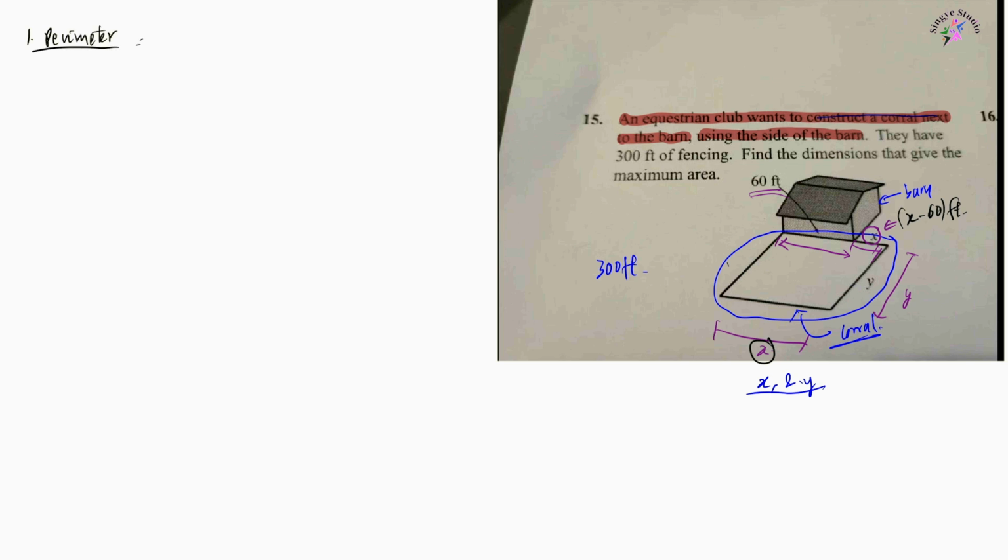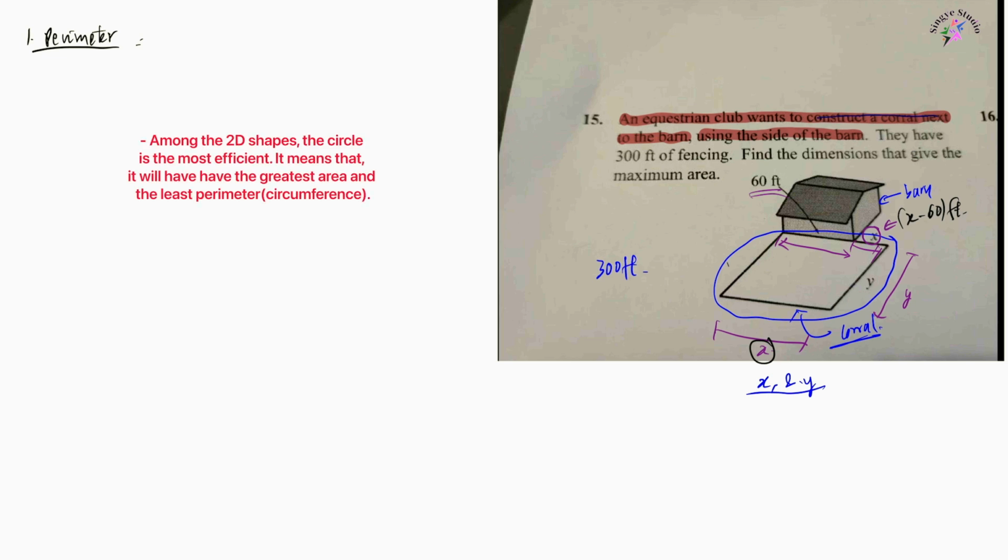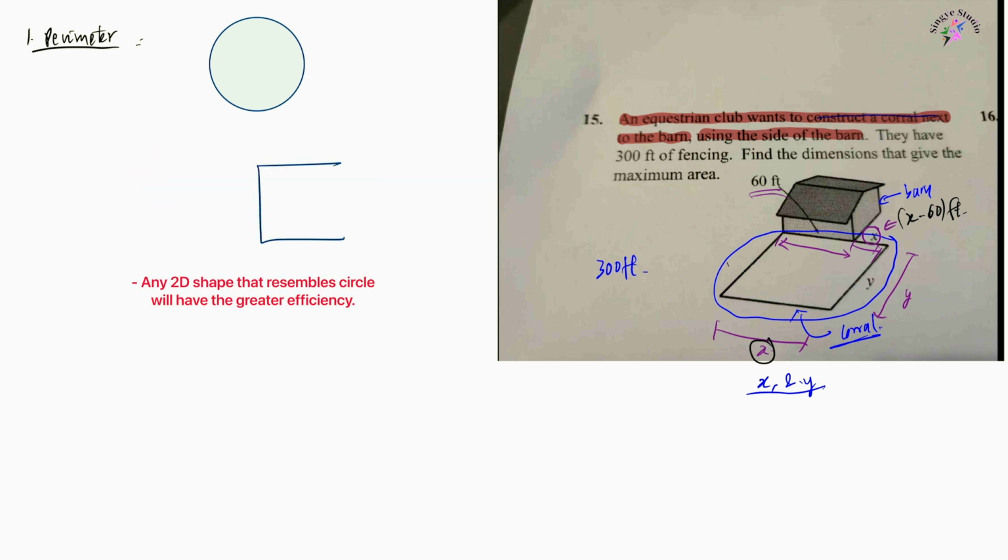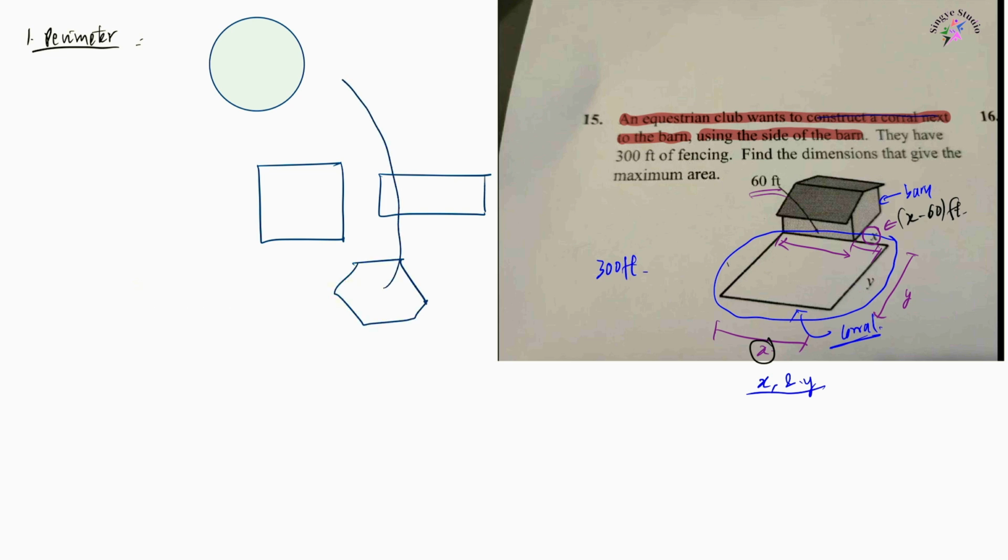And before that, one thing is that in the 2D shape, the circle is the most efficient shape. Therefore, any shape, be it a rectangle or square or pentagon or hexagon, if it resembles a circle, then it will have the maximum efficiency.